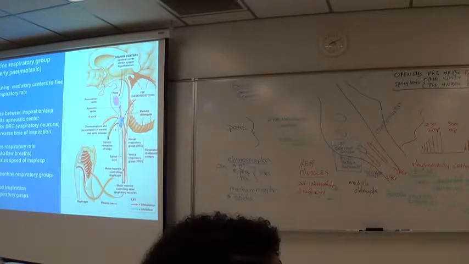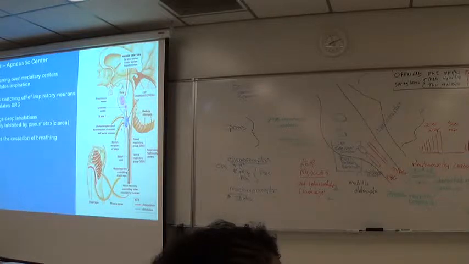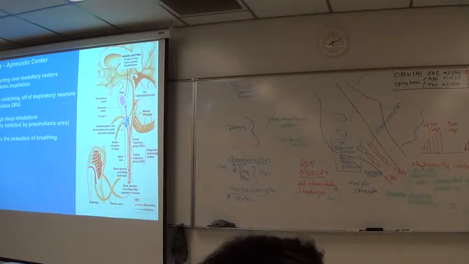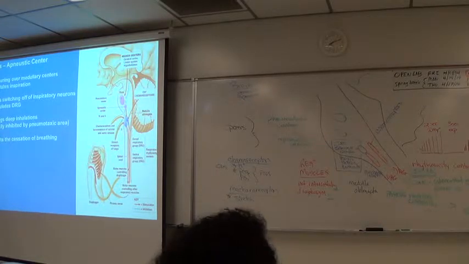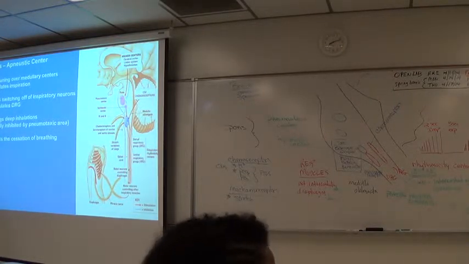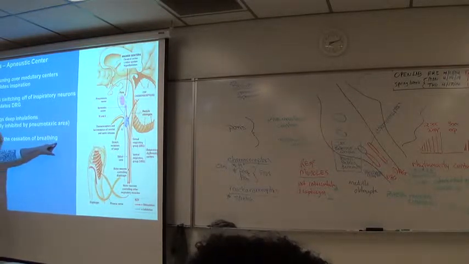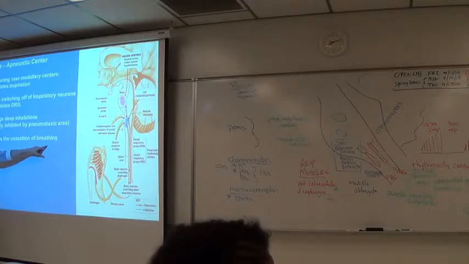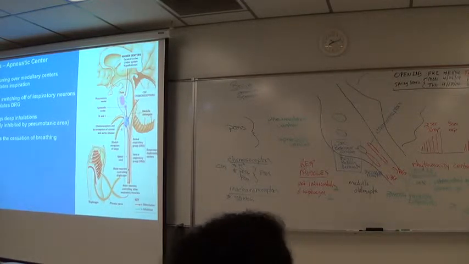Okay, apneustic kind of does the opposite of the pneumotaxic. It prolongs the deep inhalations. Remember, if we didn't have the pneumotaxic, we go. So that's what the apneustic does, and it prevents the cessation of breathing. Okay, so it may be a ragged breathing, but it prevents the cessation, but still a fine tuning.